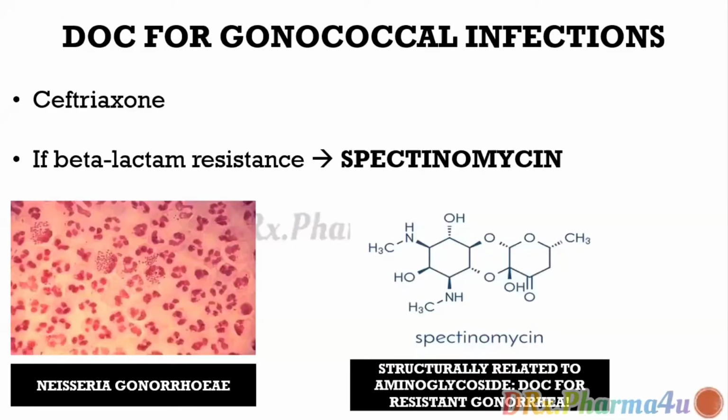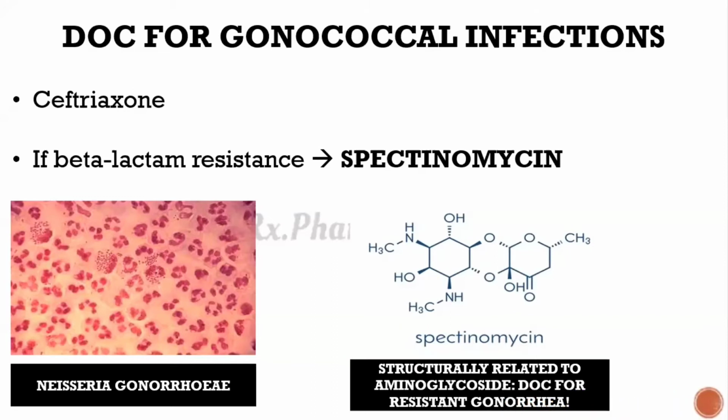If you are having gonococcal infection, so Neisseria gonorrhoeae, you know very well, it is responsible for a sexually transmitted disease known as gonorrhea. So if you are having a gonococcal infection, usually ceftriaxone is the drug of choice. But if you are having beta-lactam resistance, so ceftriaxone usually comes under beta-lactam antibiotics, then we can go for spectinomycin.